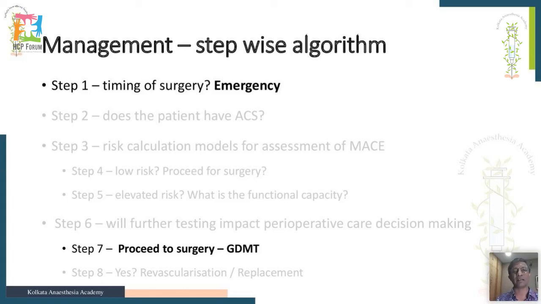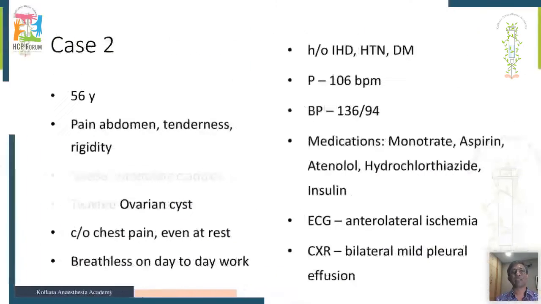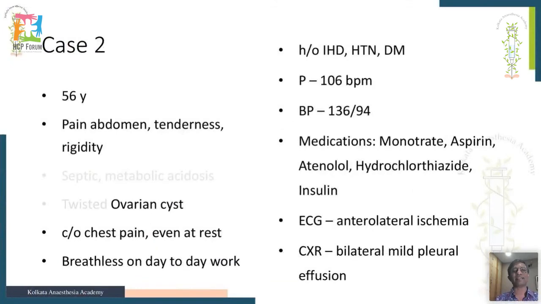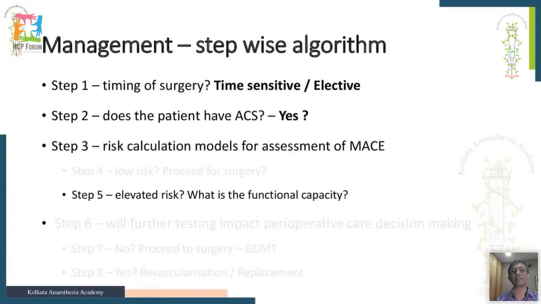Now, suppose I tweak it and say that this same lady does not have a twisted ovarian cyst, but is diagnosed with an ovarian cyst, same chest pain at rest, breathless on day-to-day work, same parameters. Now apply the algorithm. What is the timing of surgery? It is a time-sensitive or an elective surgery. Does the patient have an acute coronary syndrome or an active cardiac condition?